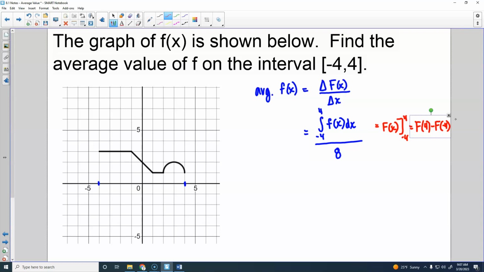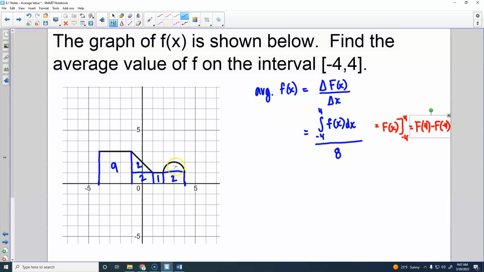To find the integral from -4 to 4 of f of x, we are just going to use area formulas. So I would just break this up. In fact, I'd probably do it like this on this one. This would be 9. This would be 2. This right here would also be 2. This would be 1. This would be 2.